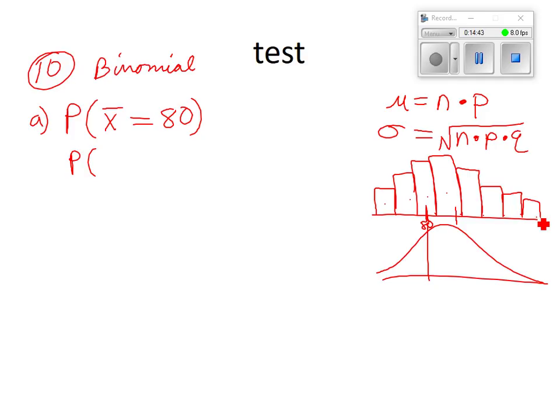So we're either at 80 or we're at 81 or 82. But the normal curve is continuous, so it doesn't just look at separations like 80, 81, 82, 83. So it's got to start back over here somewhere.